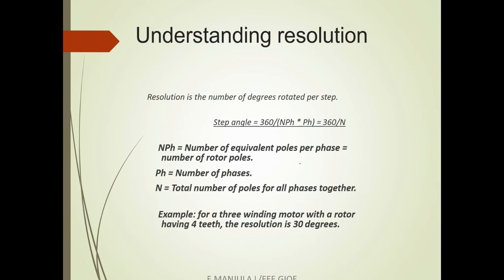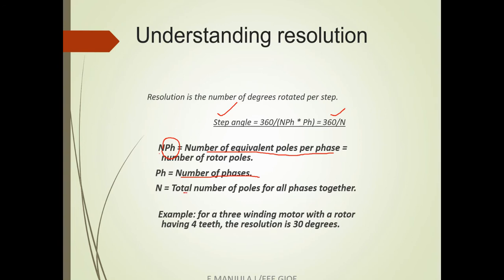Understanding the resolution of this stepper motor: resolution is the number of degrees rotated per step. Here, how is the step angle given? The step angle is equal to 360 by Nph into Ph, which is equal to 360 by N. Nph is the number of equivalent poles per phase, and Ph is the number of phases.